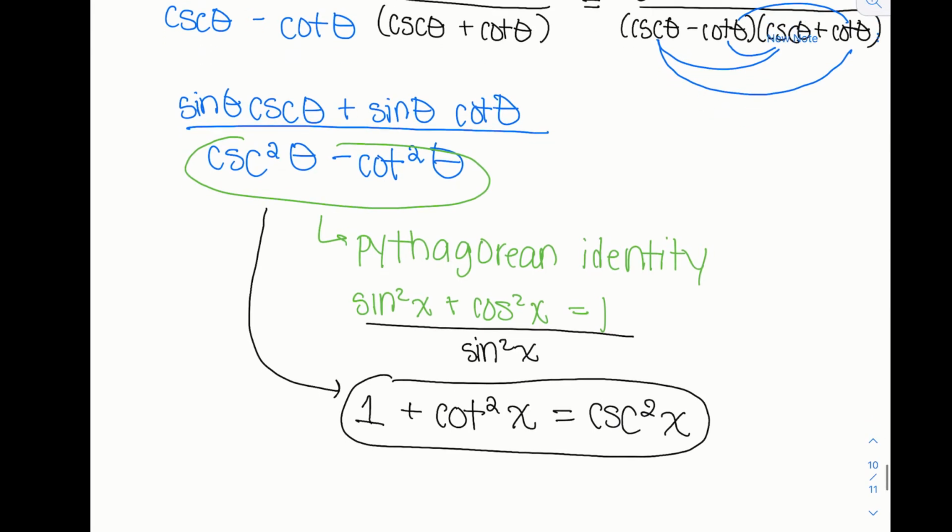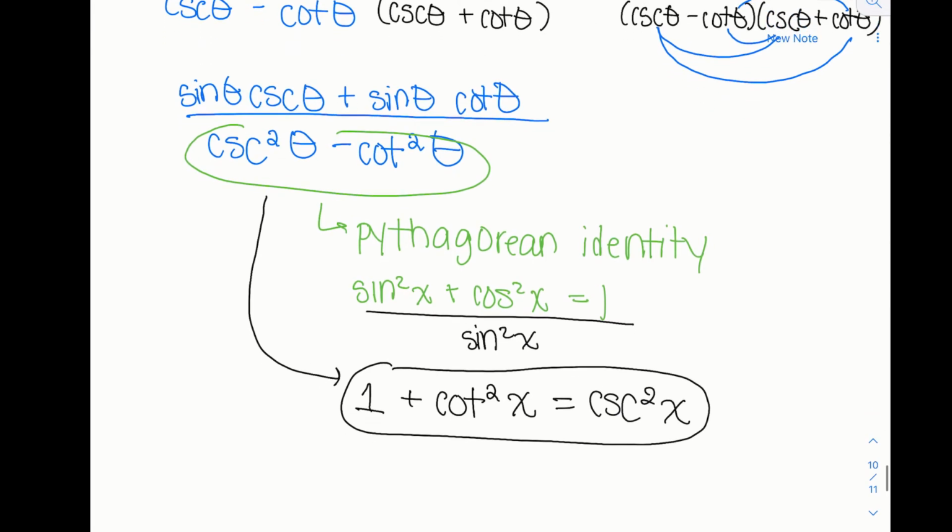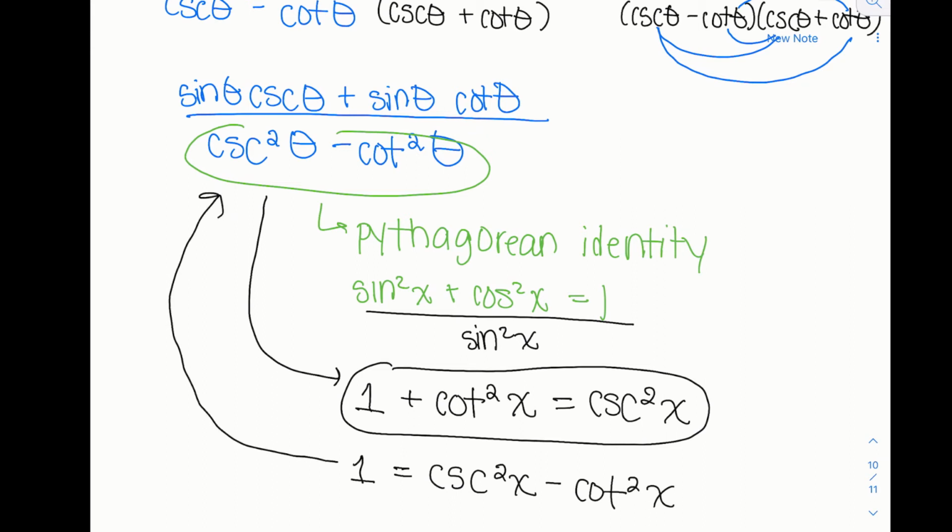So I can get it to look the same if I subtract cotangent squared on both sides. So that means if I just rewrite this identity, 1 is equal to cosecant squared of x minus cotangent squared of x. And that means I can rewrite that whole denominator as a 1.